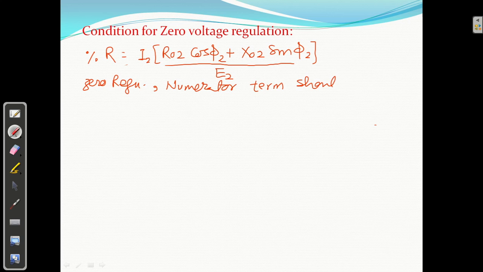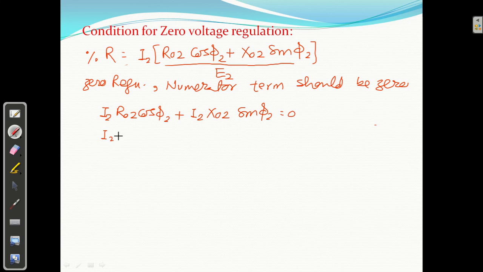So I2 R02 cos phi 2 + I2 X02 sin phi 2 should be zero.